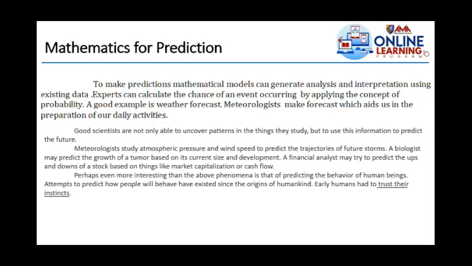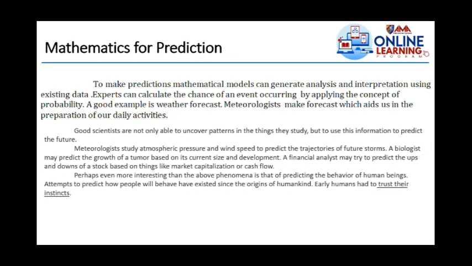Another example of which is predicting the trajectory of the storm, kung saan dadaan yung storm when magla-landfall. And of course, gaano kalakas yung storm by studying the atmospheric pressure, the wind speed, yung cloud formation, para makita or mabigay ng isang agency kung gaano ba kalakas ang bagyo at saan dadaan.